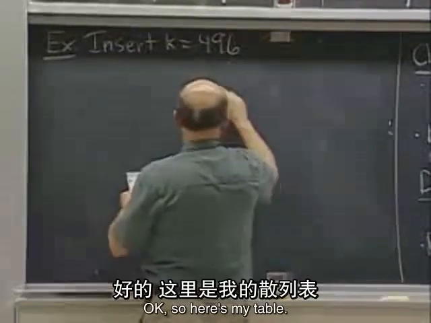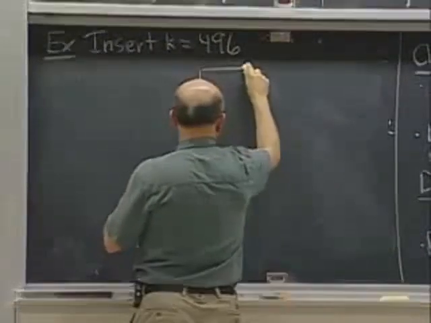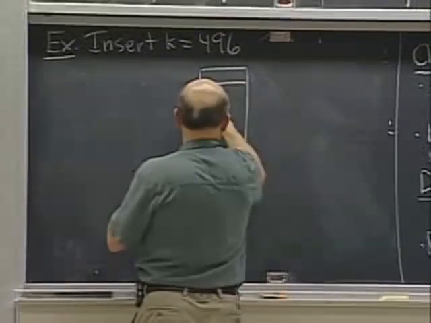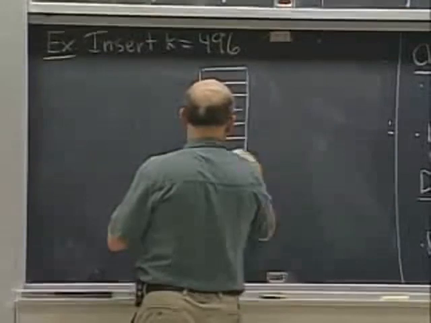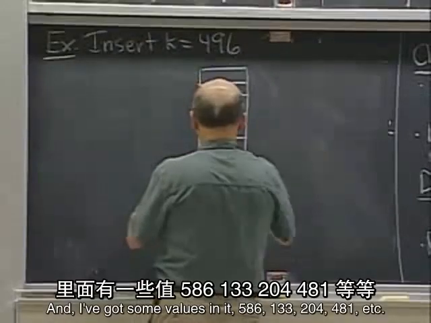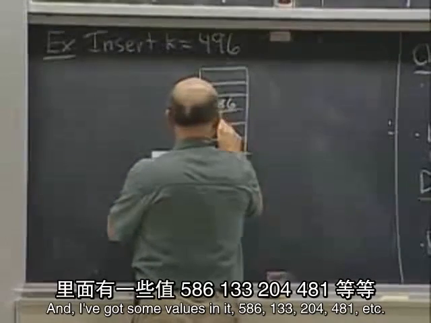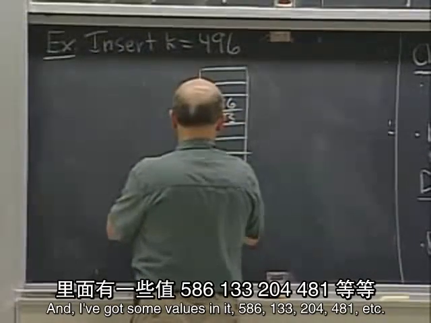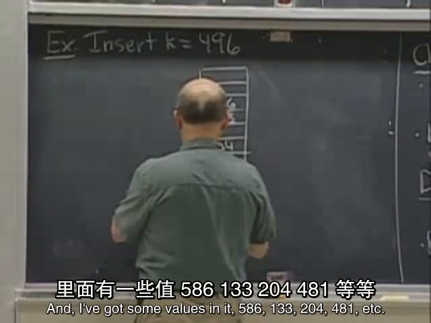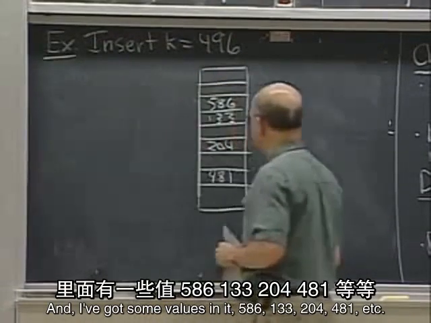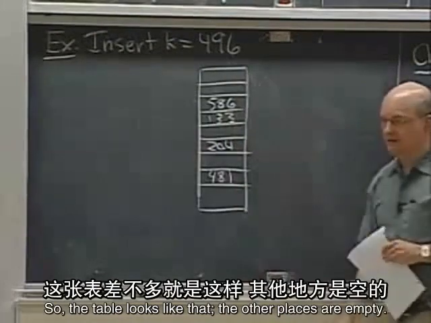Okay, so here's my table, and I've got some values in it: 586, 133, 204, 481, etc. So a table looks like that. The other places are empty.